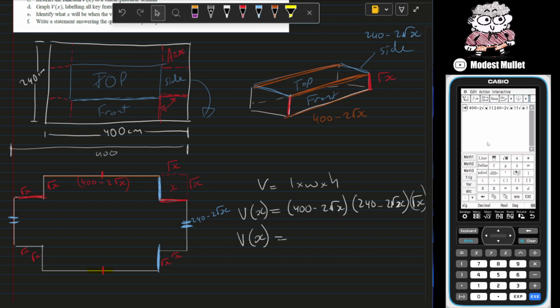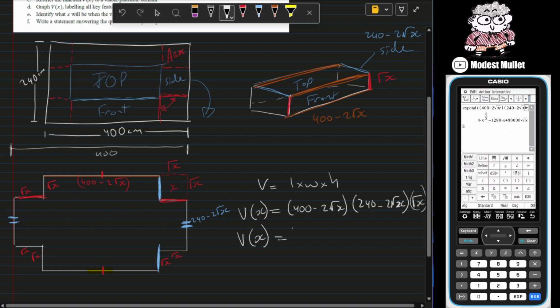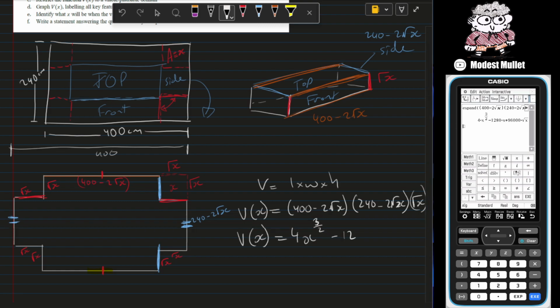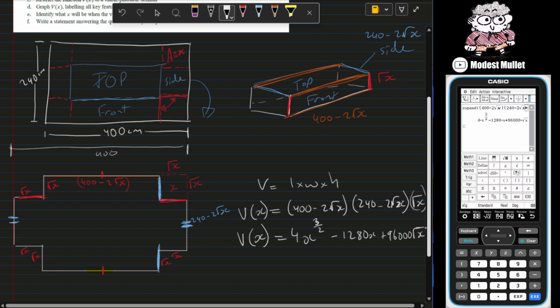The expand command starts with a bracket, so we want to close it, telling it that everything inside is what we're expanding, and we get this. Let's get out of decimal mode and run it again. There we go, there's our function. We get 4x to the 3 on 2 minus 1280x plus 96000 square root x.